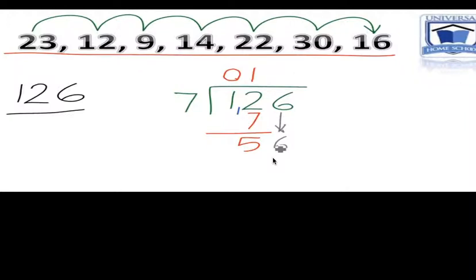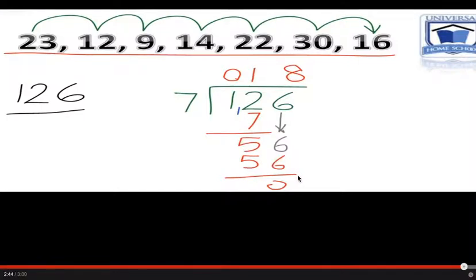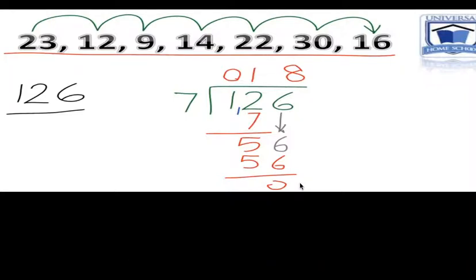How many 7s are in 56? 8. There are 8 7s in 56. 8 times 7 equals 56. So there we have it. 18. So the mean of these numbers is 18. We added them all up and then we divided by the number of numbers. And that gave us 18.